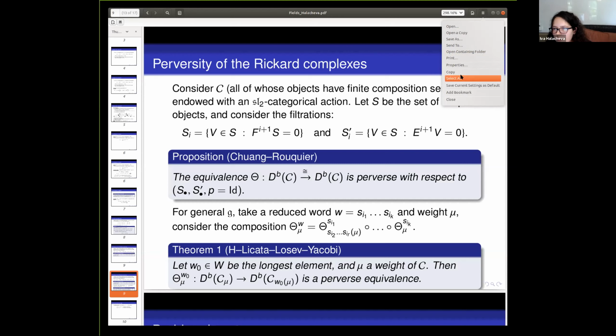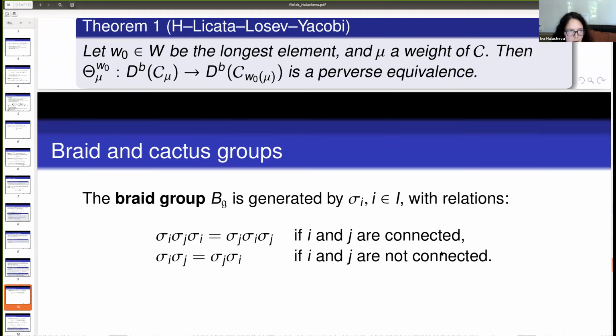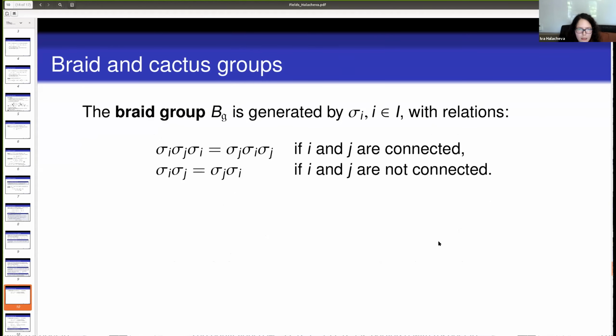Now that we have these perverse equivalences given by the Rickard functors, let me say how we relate them to the actions of the braid group and the cactus group that we saw earlier.